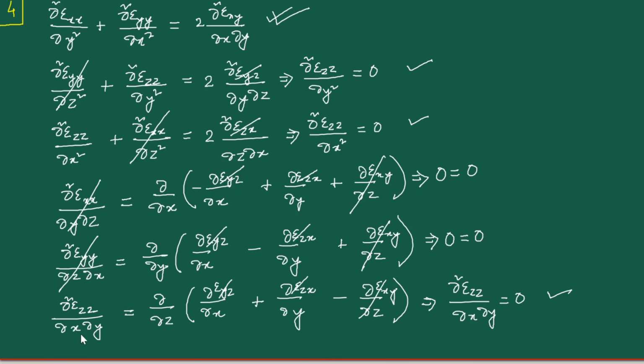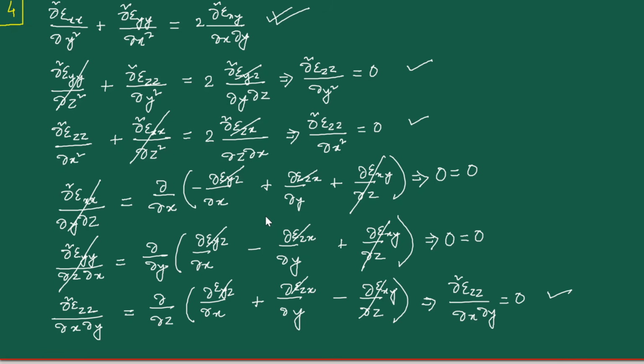And finally, this last equation had a term remaining because of the non-zero epsilon zz, but now we have epsilon zz equal to 0 in the plane strain case, so this is also going to be 0 equal to 0. So these 5 equations are all going to be 0 equal to 0. Only the first of the strain compatibility equations is not, and something substantial is still remaining there, just like the plane stress case.